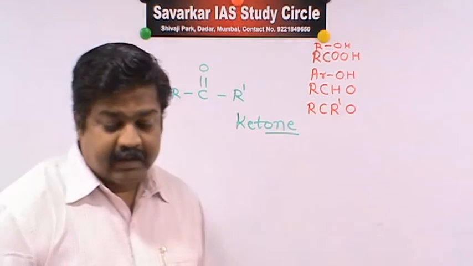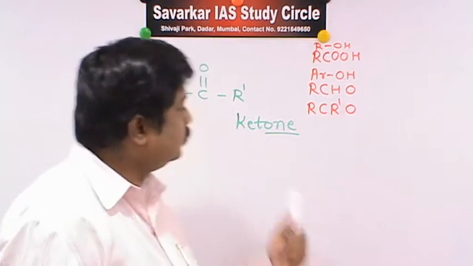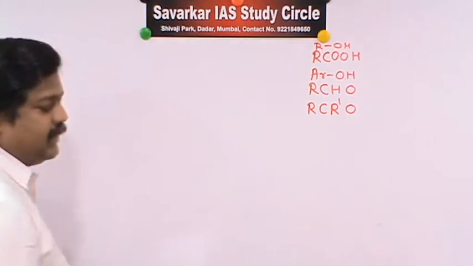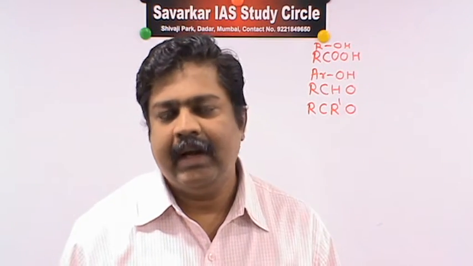Now these ketones have use in organic chemistry to a greater extent. They are good solvents and precursors. Precursors means from them we can produce some different chemicals, and so they are used in organic chemistry to a wide extent. Out of that, one example we discussed is acetone.